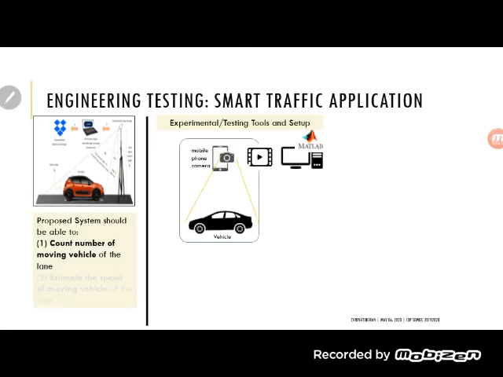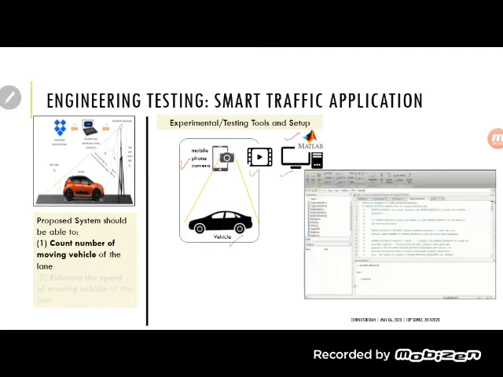Okay, these are the tools and setup: mobile phone camera, the vehicle, and then the image data, the computer with the MATLAB software. Okay, let's watch how the test is conducted.